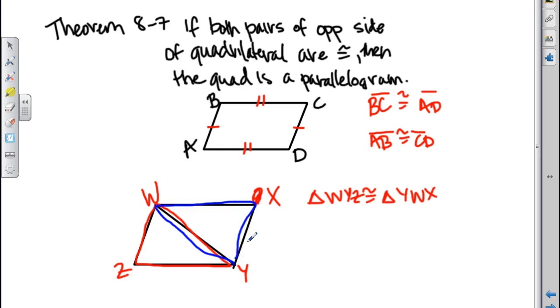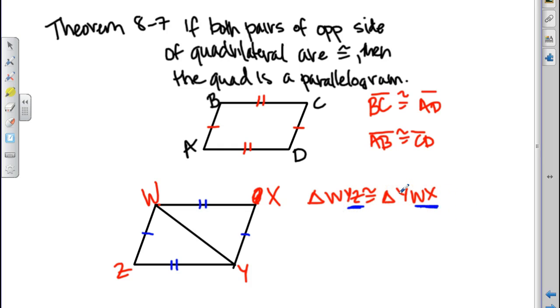All right, so how could we prove that this is a parallelogram? Well, from our theorem, we would need to show that WX is congruent to ZY and that WZ is congruent to XY. So let's look at our letters because that's one way we can figure this out. WX is in this triangle. It's marked twice, so it should be congruent to the two letters that are in the same spot.